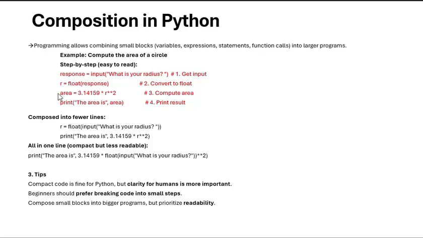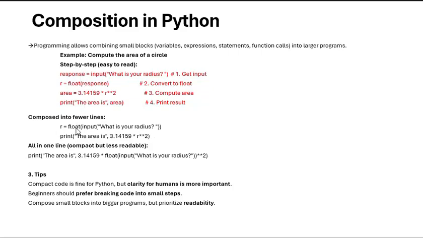You can compose and write it in fewer lines. Let us see how exactly. r is equal to float of input. It is converted to float already. Whatever input you get, it will be converted into float here only. The two steps you were writing here, you can write in one step only.